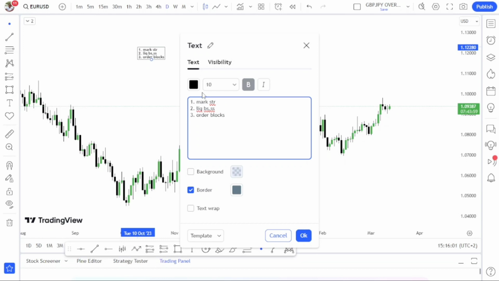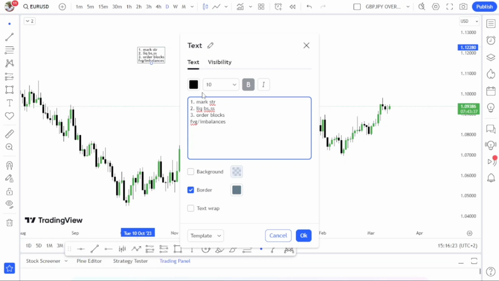And then our fourth one, we look to identify our fair value gaps, or how some other traders like to call it, imbalance. Okay, imbalanced price.